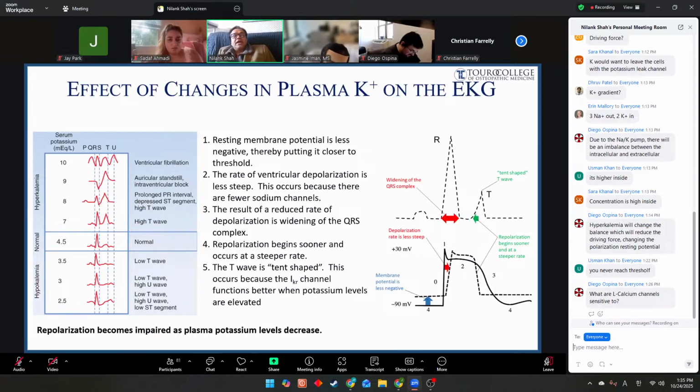Because it happens more quickly. It will repolarize very quickly, right? The ventricles get repolarized earlier and quickly at a steeper rate, right? That will make the T wave taller, a peaked T wave or tented T wave. Because repolarization becomes earlier, sooner, and occurs at a faster and steeper rate, that makes the T wave very tall.